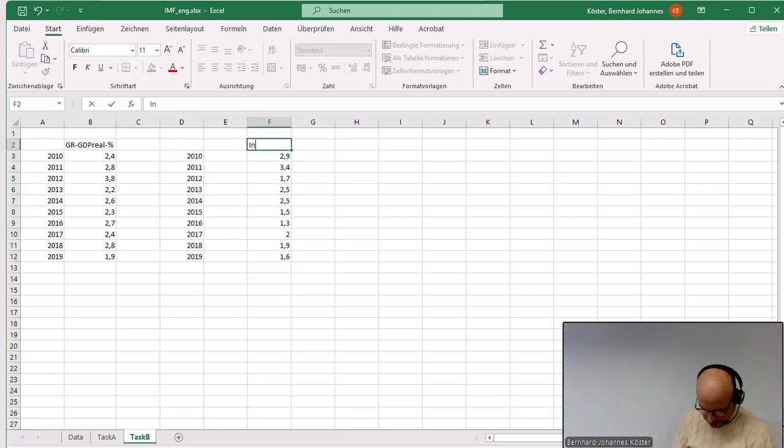And this is inflation, also in percentage.